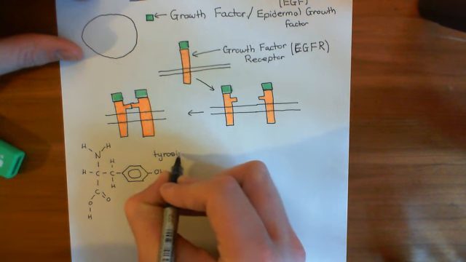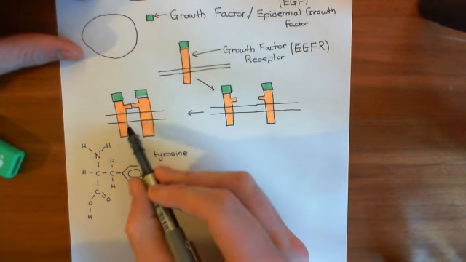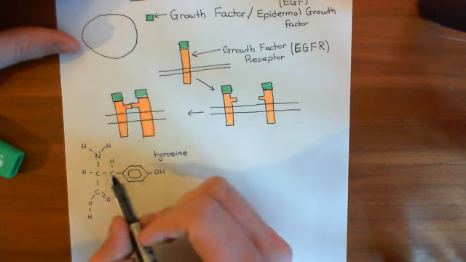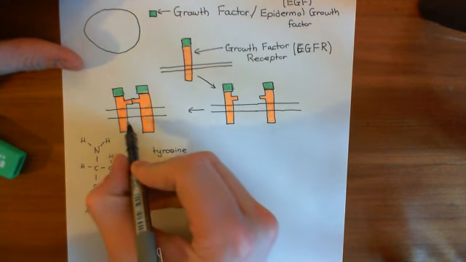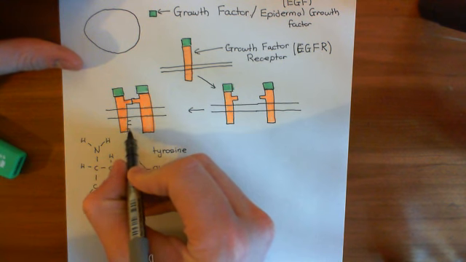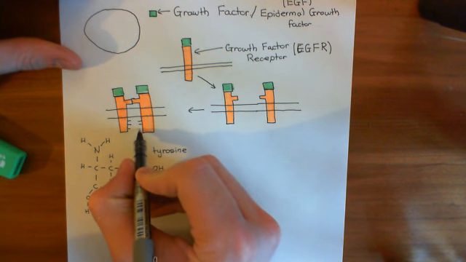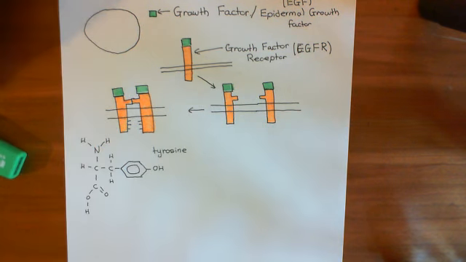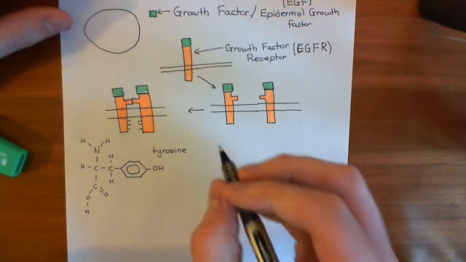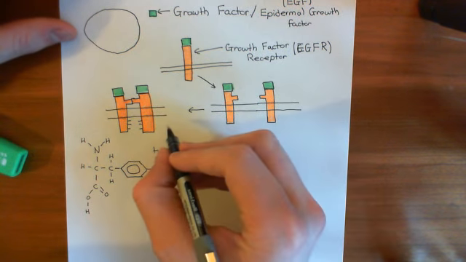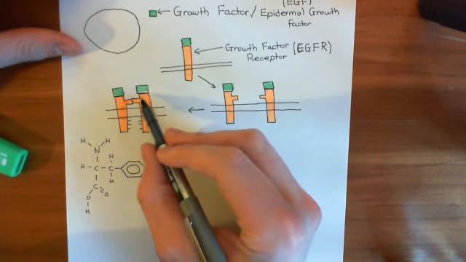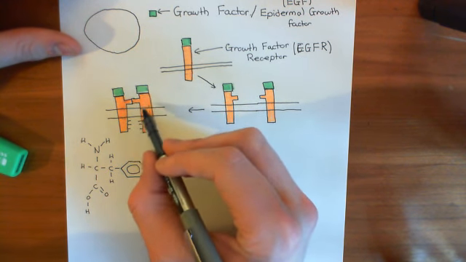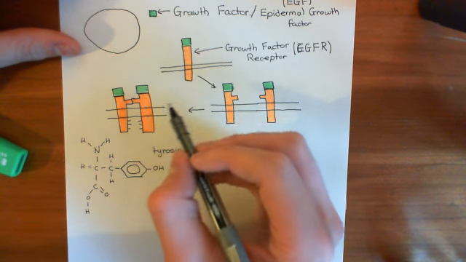Okay, so on the intracellular domain of these growth factor receptors, there are quite a few of these tyrosine residues, basically. So there's lots of tyrosine residues here, here, and here, and here, etc. And basically what happens is a process now known as autophosphorylation, which is where the growth factor receptor that you've dimerized with phosphorylates your tyrosine residues.